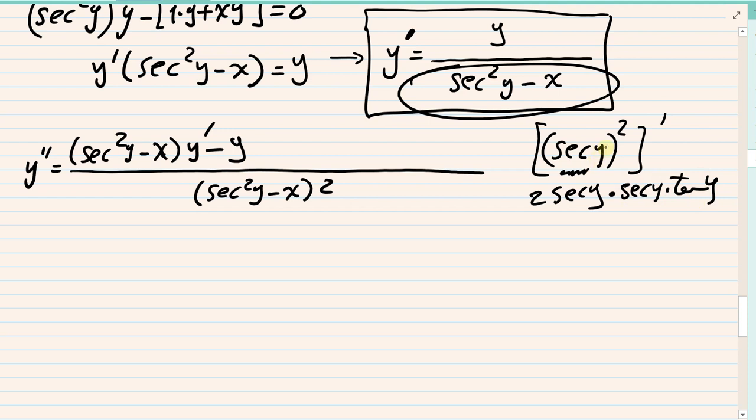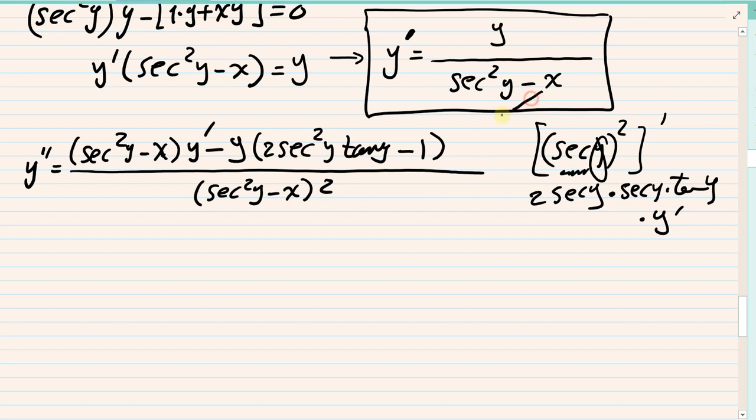And then remember, y itself is a function of x, so there's a y prime here. So when we put it all together, I'm going to have 2 secant squared y tan y y prime, and then minus 1. That's the derivative of x, right? Remember, I just took the derivative of the denominator, so that's this derivative.